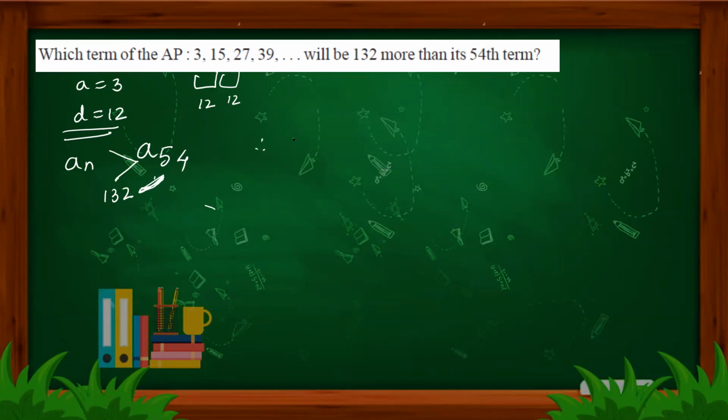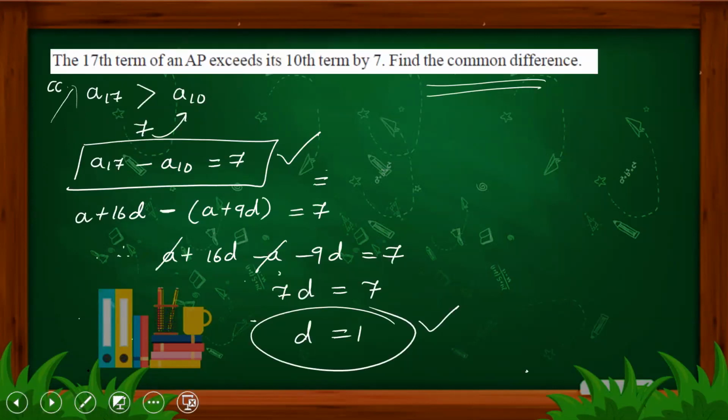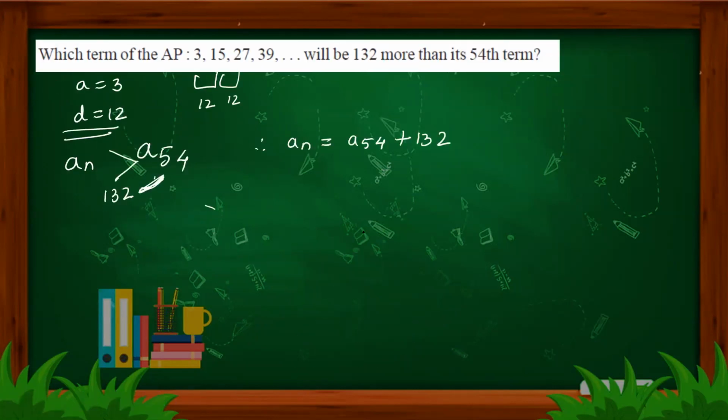So therefore we can write, an is equal to A54 plus 132. Right? So A54 can be written as A plus 53D. So this is equal to A plus 53D plus 132.